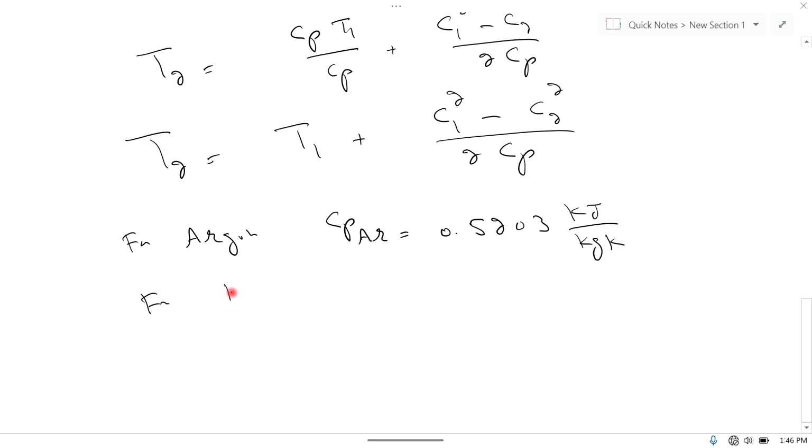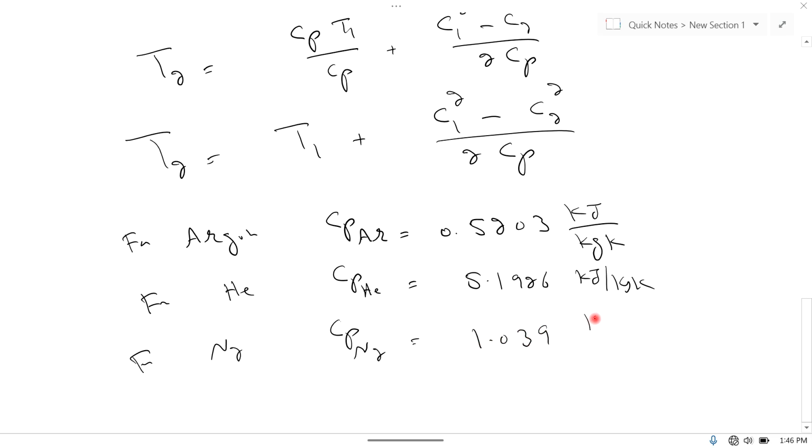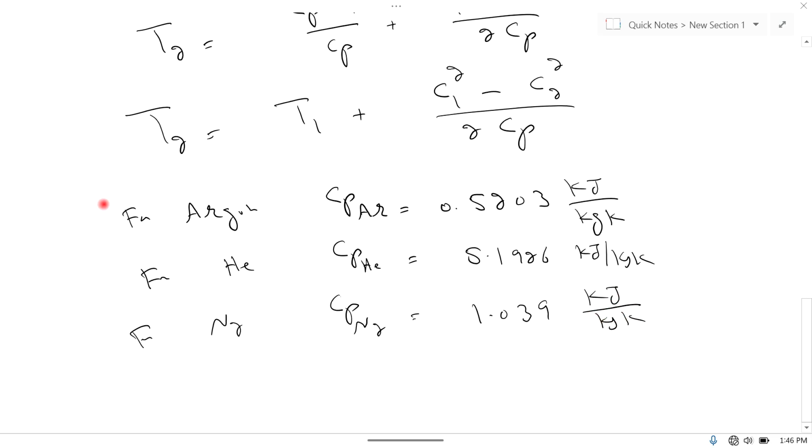For helium, Cp of helium is equal to 5.1926 kilojoule per kilogram per Kelvin, and for nitrogen, Cp is equal to 1.039 kilojoule per kilogram per Kelvin.